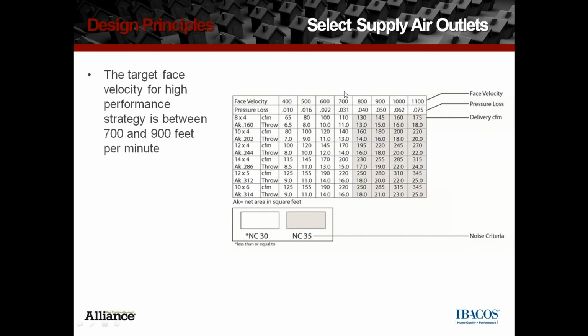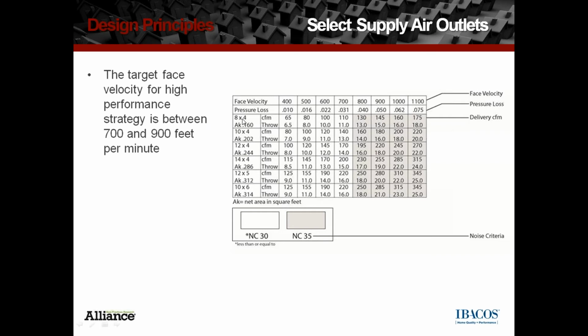This is a good example of how hard it can be to find a correct outlet. The smallest one this manufacturer has shown us is 8 by 4. And if you're in that 700 to 900 feet per minute we're looking for, that's CFMs of 110 to 145. That's probably more than most rooms in the house are going to require in a high-performance house.